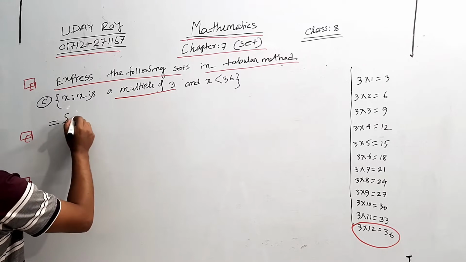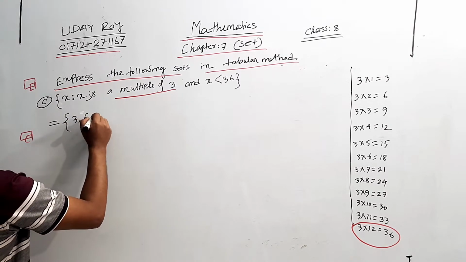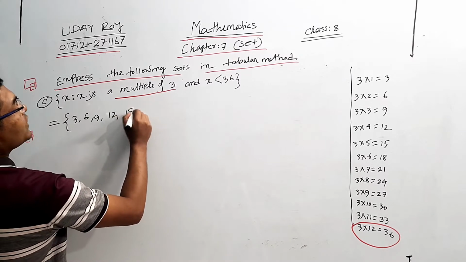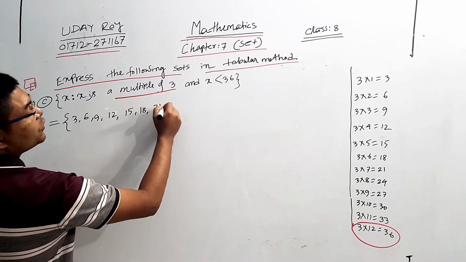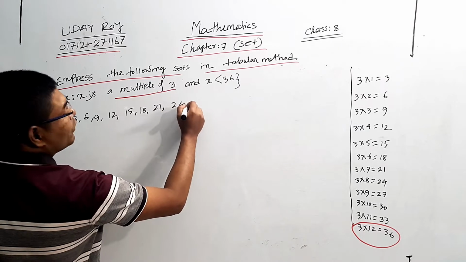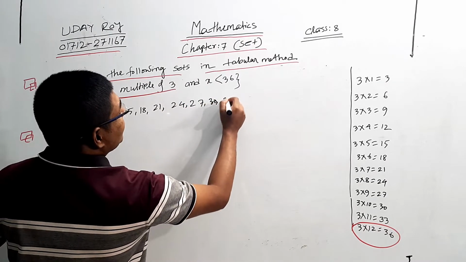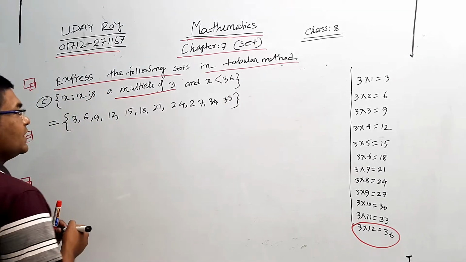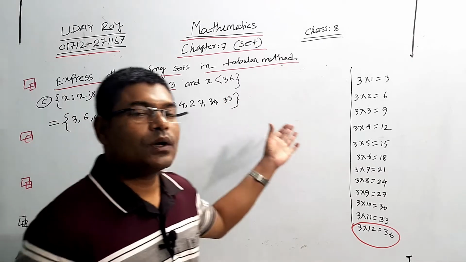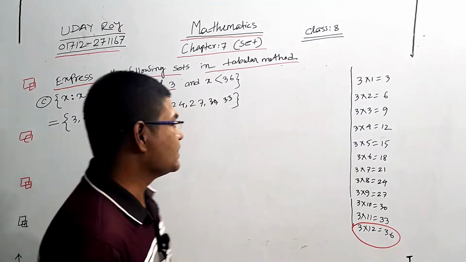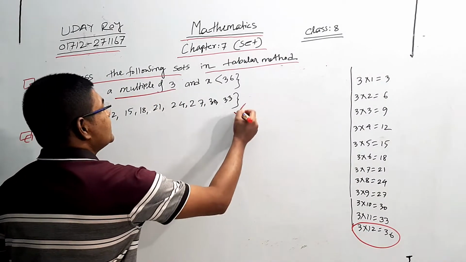So according to the question, we have got the answer. So maths number C is done.